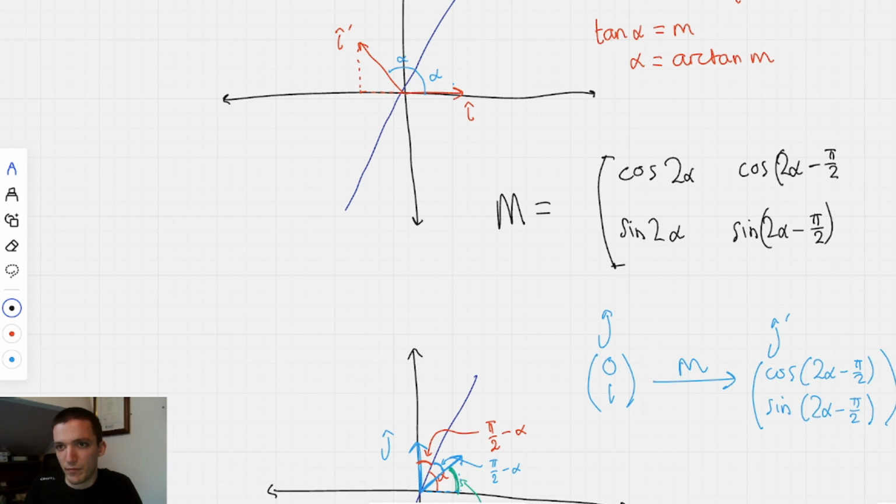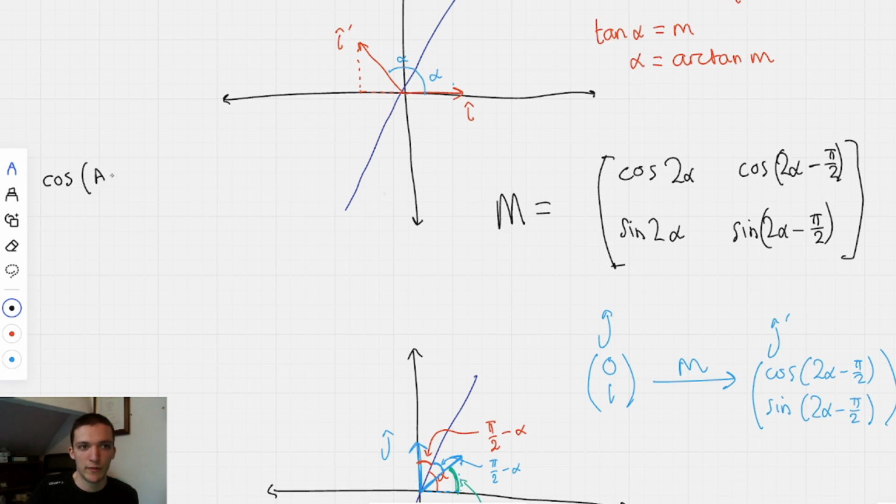Now, this is good. You can use this as the functional matrix and it's completely correct, although there's a small problem. We want to represent this in terms of m's rather than alphas or pi's or whatever else. Let's figure out a way to do that. For that we're going to need some double angle formulae, and we should know this from standard A-level maths or whatever course you're in.